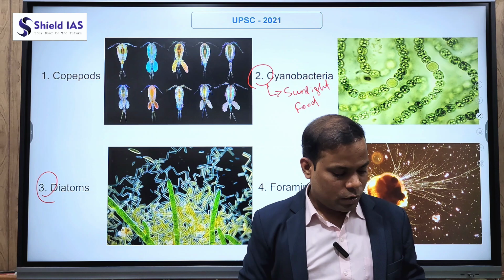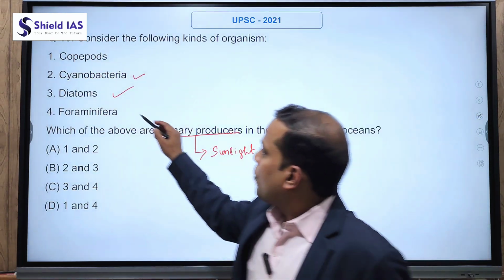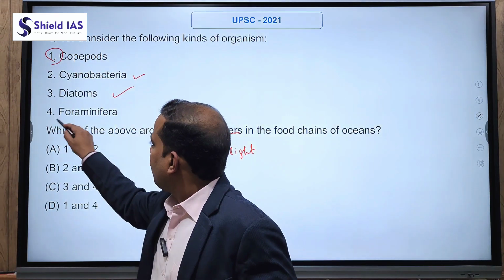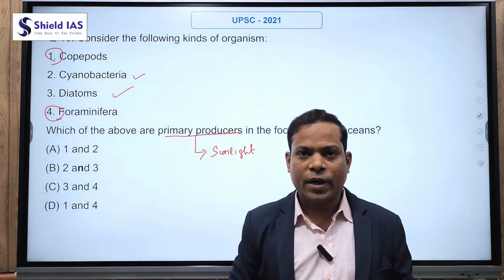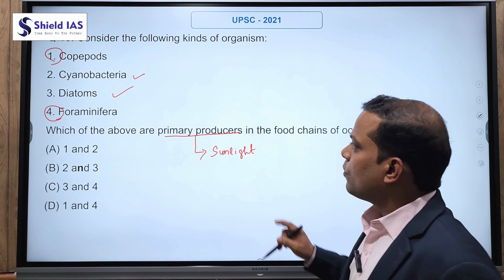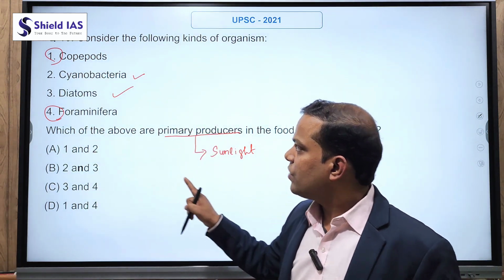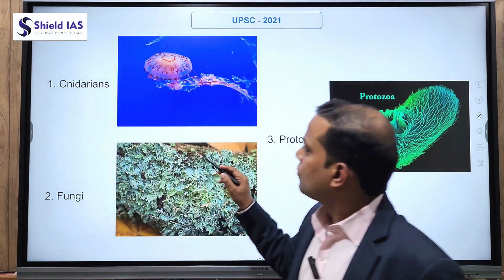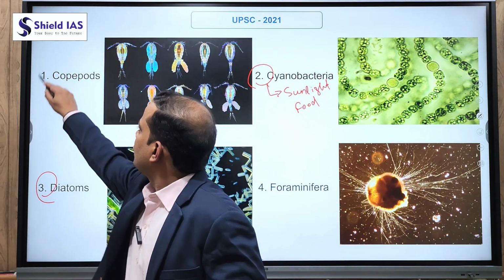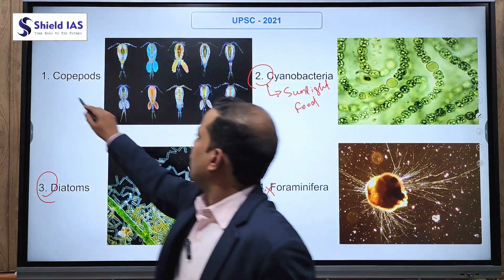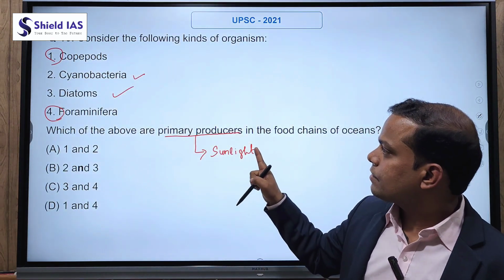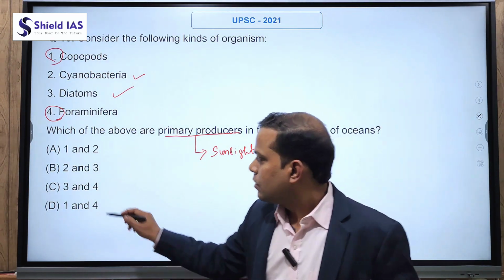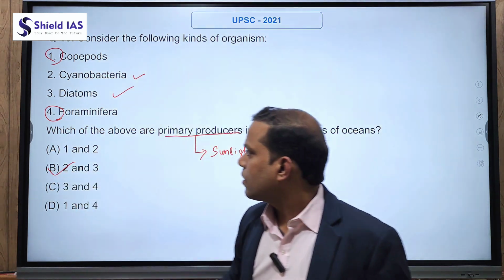And apart from these two, copepods and foraminifera are herbivores, and herbivores depend on plants. So we can eliminate copepods and foraminifera. So only two options remain correct, that is cyanobacteria and diatoms. So here 2 and 3 are correct.